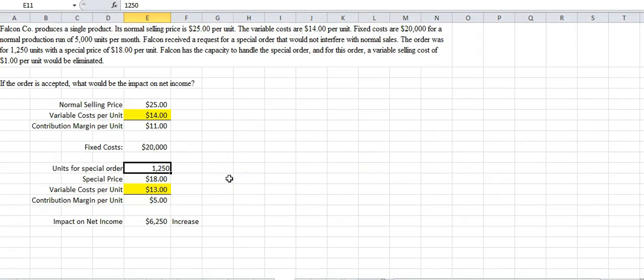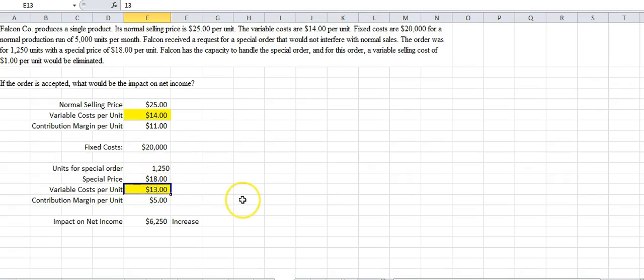So if I take the special 1,250 unit order and I sell it for $18, I know that my variable cost was $14, but it tells me that my variable selling cost for this one, I'm going to have $1 less. Maybe because I don't have to pay $1 in commission to the salesperson. Perhaps this customer came to the company directly or something like that.